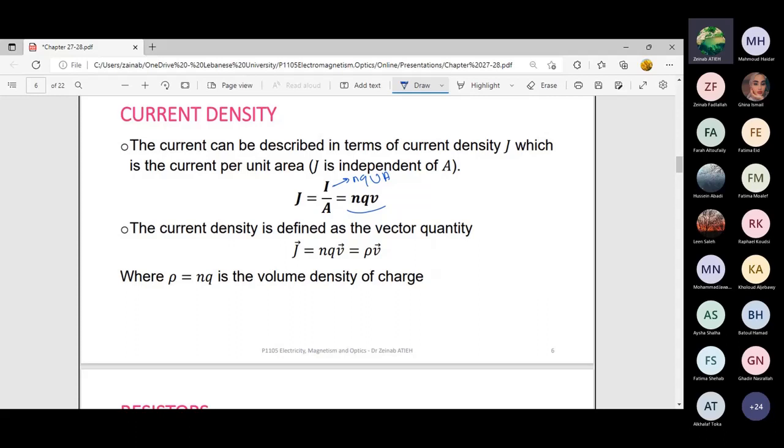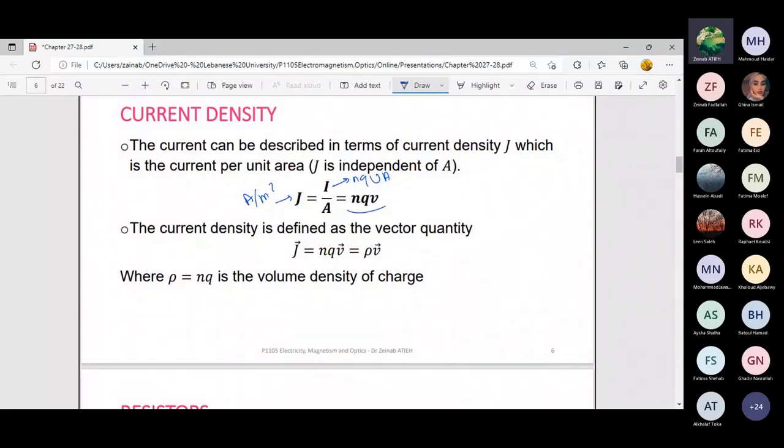So J has the unit ampere per meter square. How many amperes do we have in 1 meter square? It is as if it is some sort of density. So instead of giving me the current, you can give me the density. I multiply by the area and I get my current. This is the relation between the current and the current density.